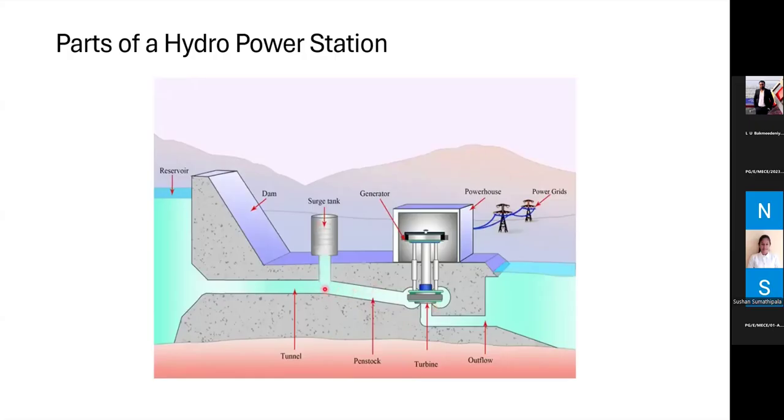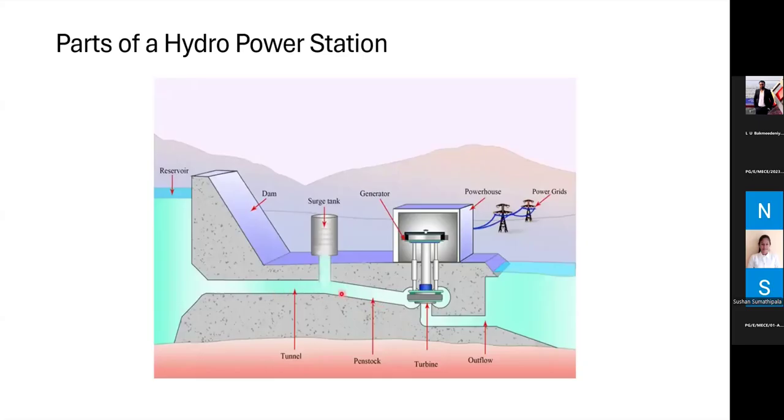In the region where we have the interconnection between the high pressure and low pressure regions, the tunnel and the penstock, we have a surge tank, which is a well extending above the surface to act as a shock absorber for any pressure differences coming from the penstock, to avoid them moving into the tunnel.